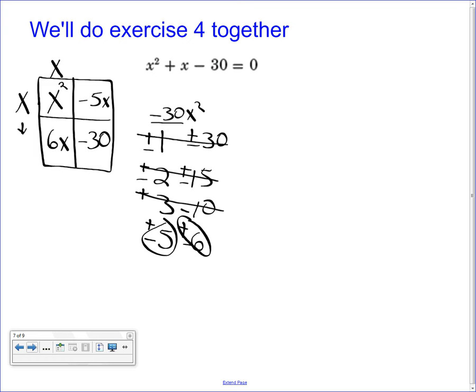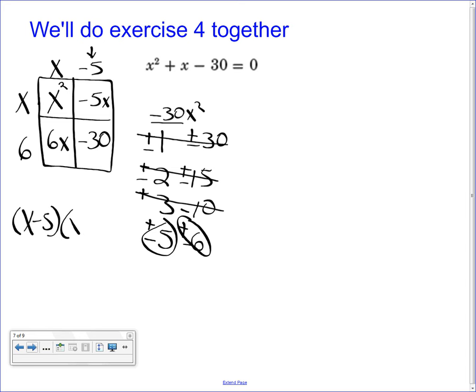And last but not least, we'll come up with this number right here. Negative 5x divided by x is a negative 5. So what we have here are the top, x minus 5, and the side, x plus 6, equals 0.